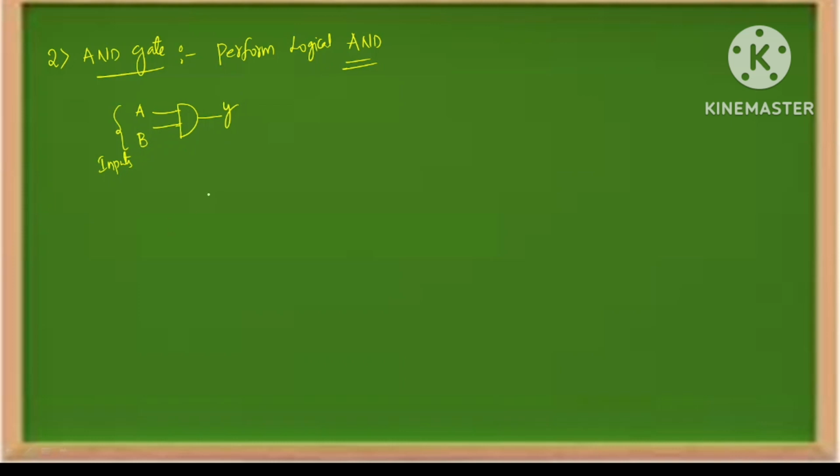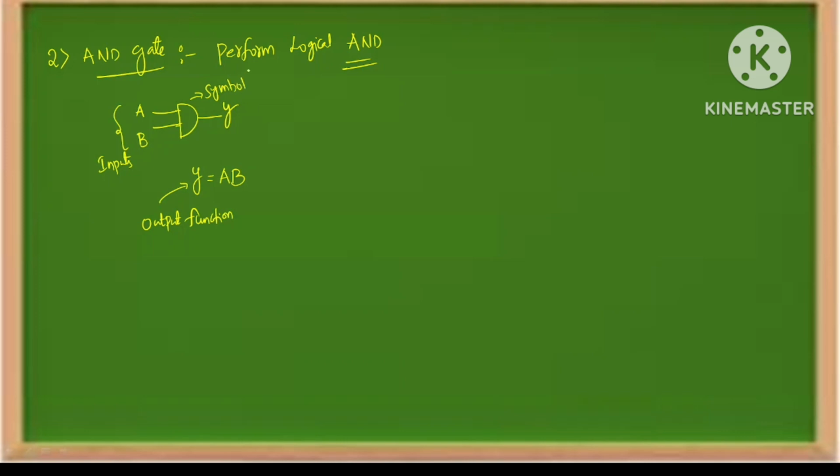Now, as the AND gate performs the logical AND operation among the inputs, the output can be written as Y is equal to A and B. This is the output function, and this is the logic symbol for the AND gate.